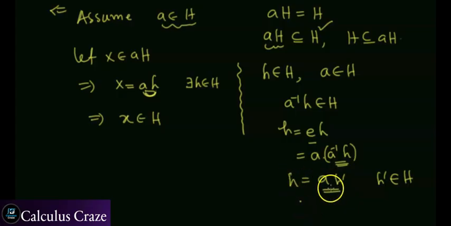So H is in this form, so I must have H belongs to AH, right? I'm sure this makes sense.